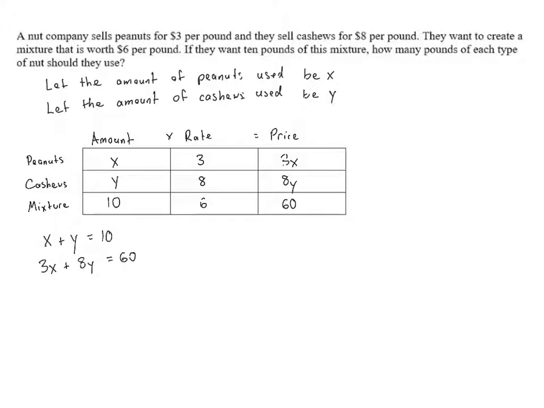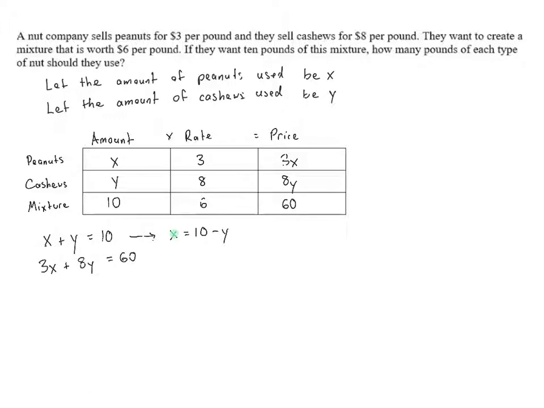I'm going to isolate the X in the first equation by subtracting Y from both sides. That gives X equals 10 minus Y. And then I'm going to substitute that into the second equation.